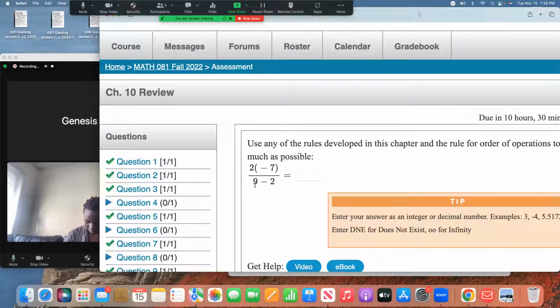The denominator is 9 take away 2 is 7. That's a +7. So this is -14 over +7. Same rules as multiply. So it's one negative, means this answer will be negative. And 14 divided by 7 is 2.